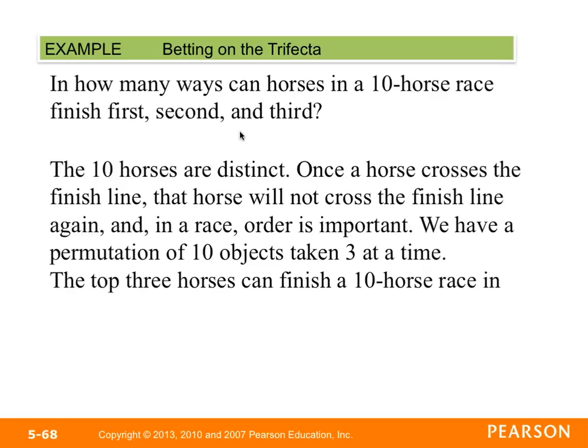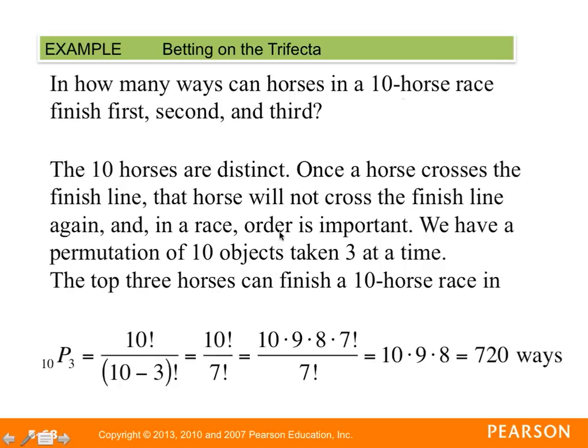And if we're talking about a race, order is important, because first place is different than third place. So we have a permutation of 10 objects taken 3 at a time. So the top 3 horses can finish a 10-horse race in 10 pick 3 ways. I normally like to read permutations as the word pick, just so it makes a little more sense. Out of our 10 horses, we're picking 3 of them to win.